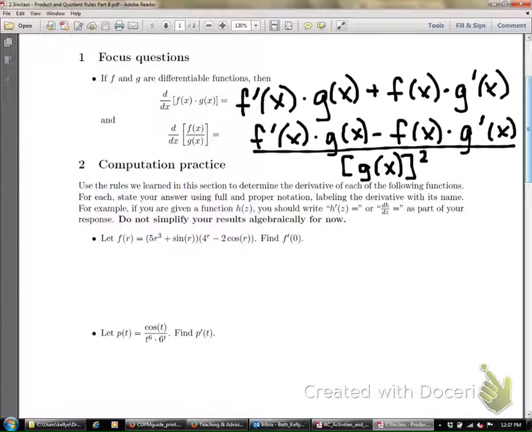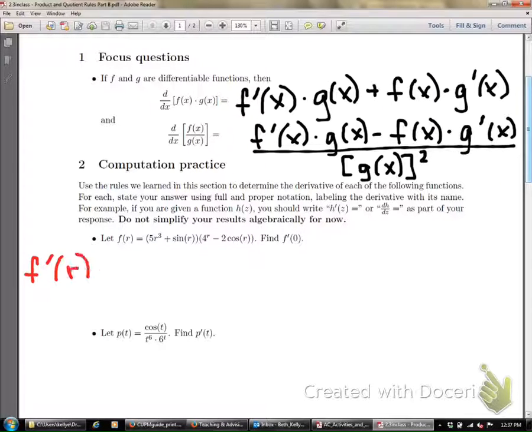We have to find a formula for the derivative first and then input 0. Here we should see that we actually have two functions being multiplied together: 5r cubed plus sine of r, that's our first function, times 4 to the r minus 2 cosine of r, that's our second function. So we have a product overall, so let's use our product rule.